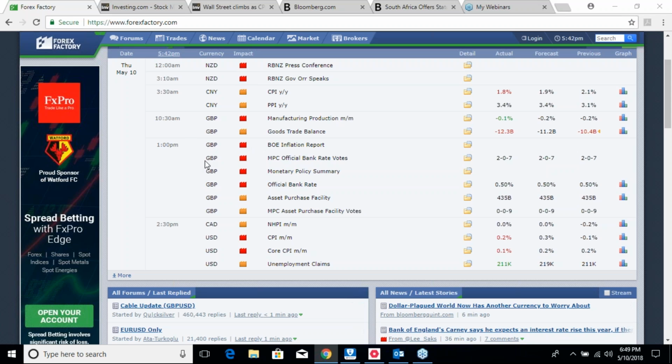So for example, today was a very intense day for the UK in terms of news data coming out. It was inflation numbers coming out from there, and also inflation numbers for the United States. The United States showed worse than expected numbers for inflation, and the UK remained unchanged.